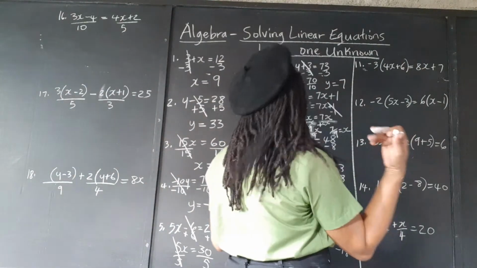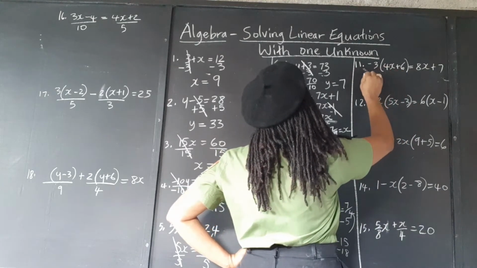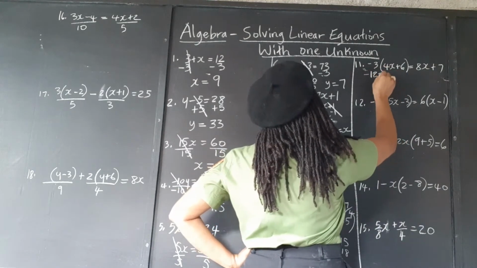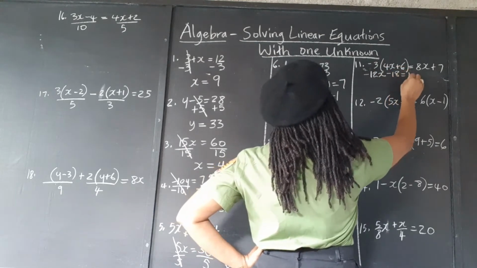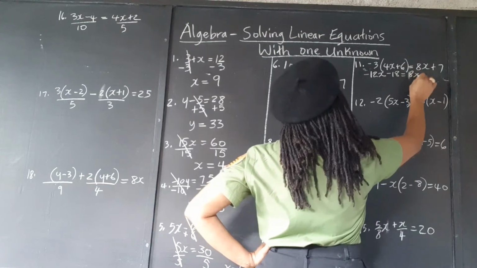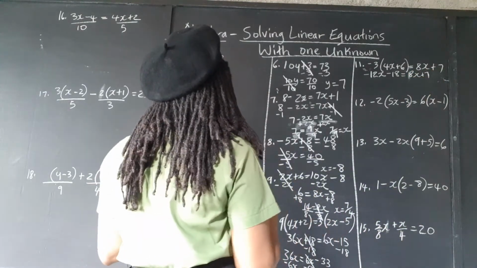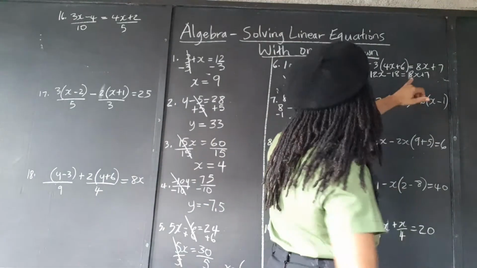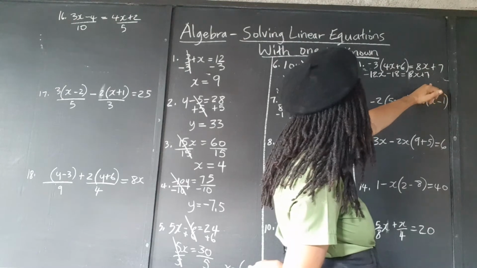Here again, we expand our bracket using the distributive law. So negative 3 times 4x, that's negative 12x. Negative 3 times 6, negative 18. Okay, so we're going to subtract 8x so that it comes over here, and we're going to add 18 so that it comes over here, right?